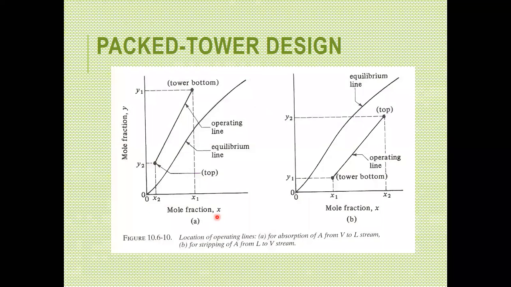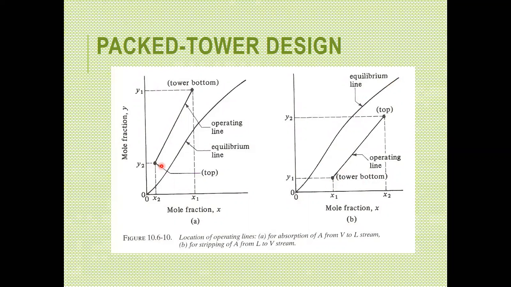So you just plot X and Y, you will have the equilibrium curve. So your operating line for gas absorption should be above this curve when it's plotted. Of course, the opposite will happen for the operating line of a stripping problem. It should be at the bottom of the equilibrium curve or of the equilibrium line.